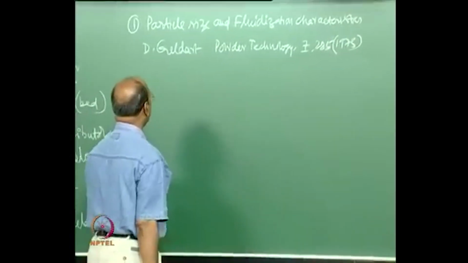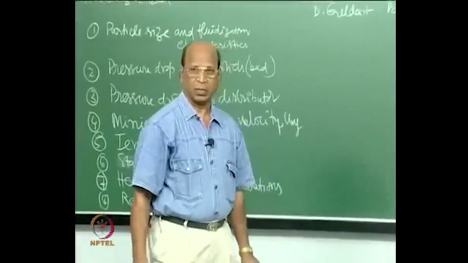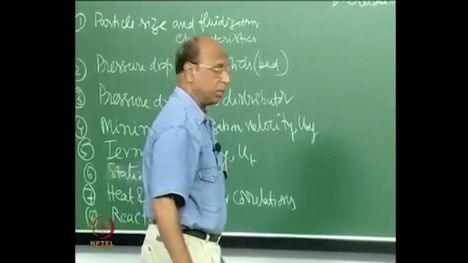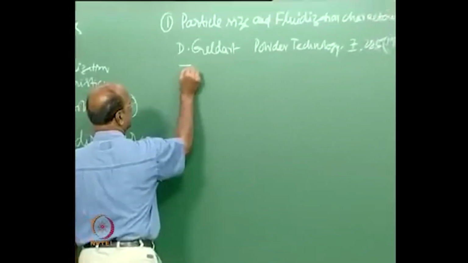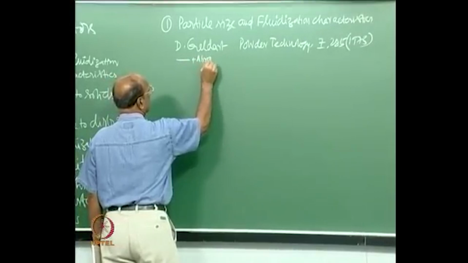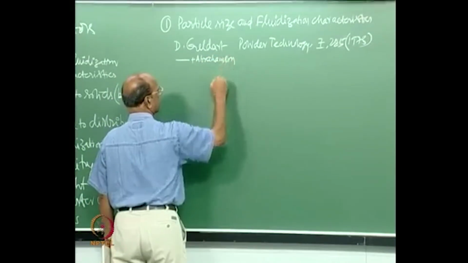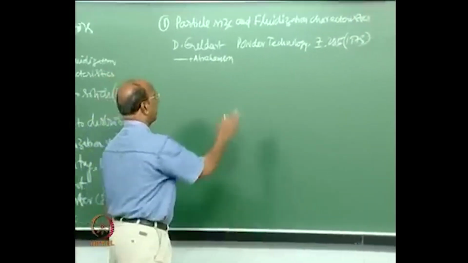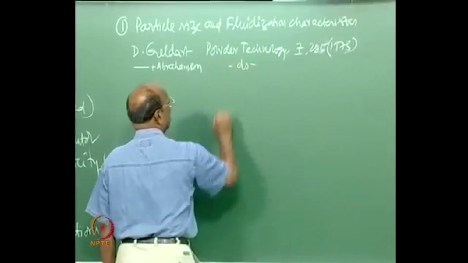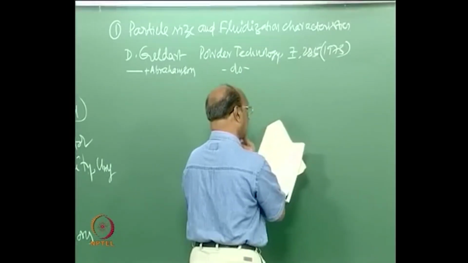And again they modified this with another person called Abrahamsen, maybe he is a PhD scholar. Okay. So, this is Geldart plus Abrahamsen. So, these two people again published in the same journal, after 5 years I think, 1978.